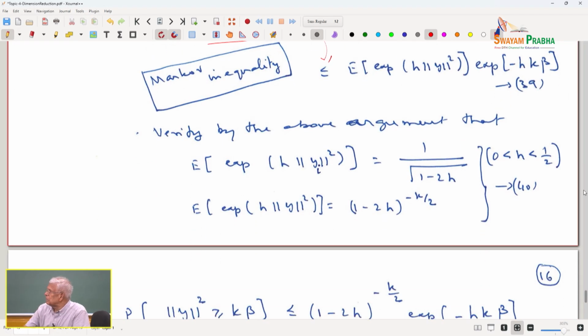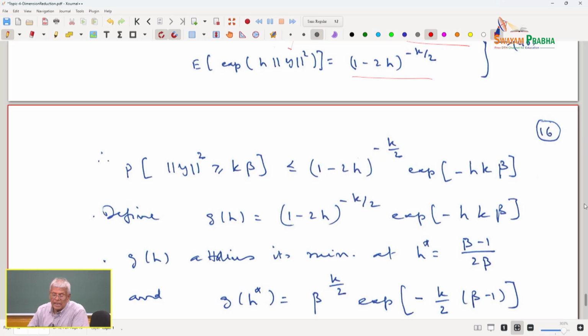So if you verify the above argument, by the same argument that led to the previous one, you can now verify that the moment generating function for the square of the ith component is given by 1 over 1 minus 2h. If you extend that to the whole vector, it becomes (1 minus 2h) to the power minus k by 2. Same principle, you get the upper bound.